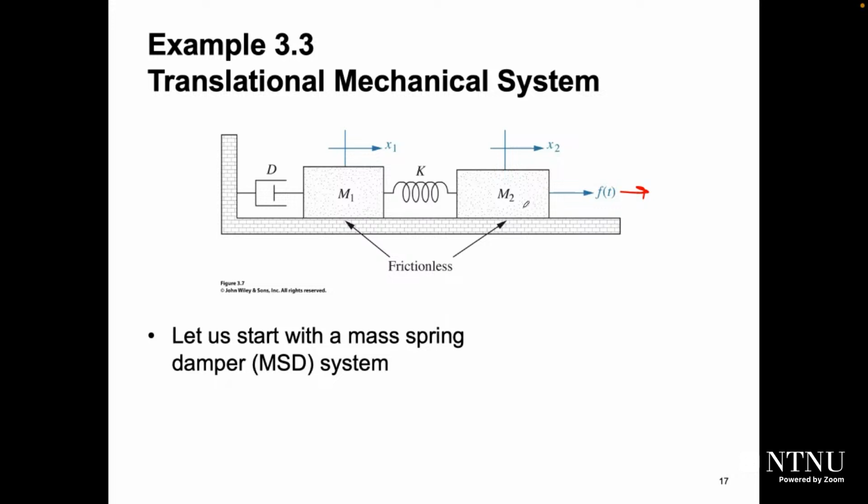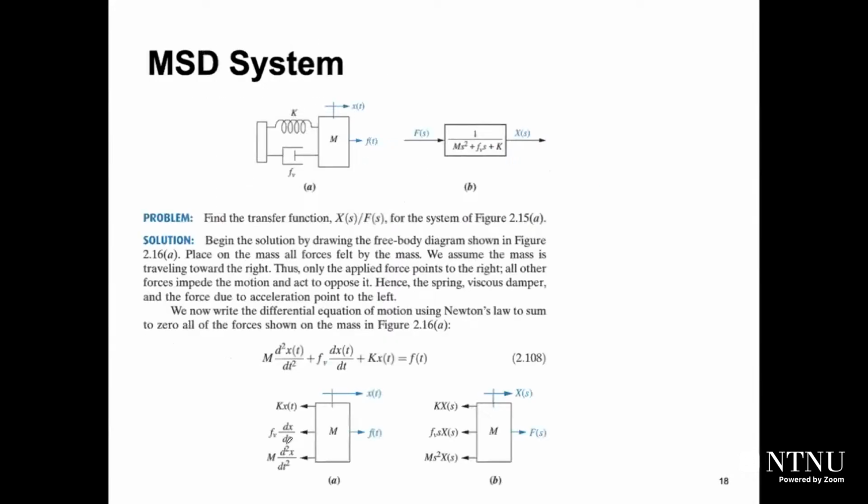So we can say here that the spring will generate a force proportional to the displacement, D will generate a force proportional to the speed, and M1 and M2 will generate a force proportional to the acceleration.